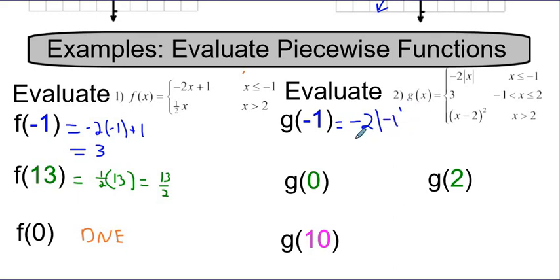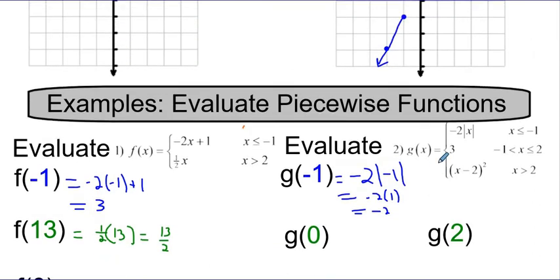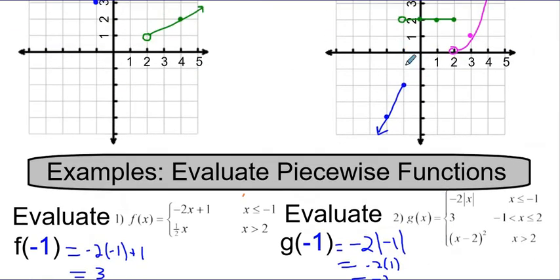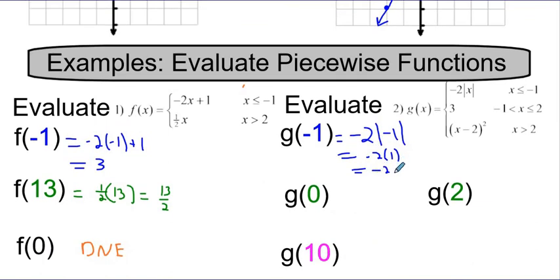Remember, the absolute value of -1 would be +1. So this comes out to 2 times -1. I'm sorry, I just said it comes out to +1 and wrote the wrong thing. Let me fix that. So it comes out to 1. So you get -2. And of course, you can see that on the graph. If you want to go to 1 and look down. The problem is, what if you don't have the graph? That's why I'm showing you the evaluation algebraically.